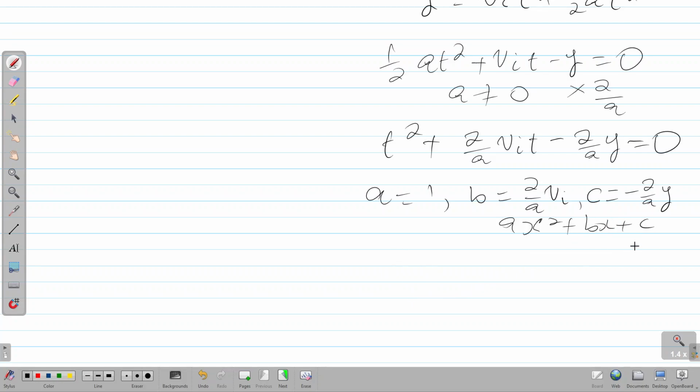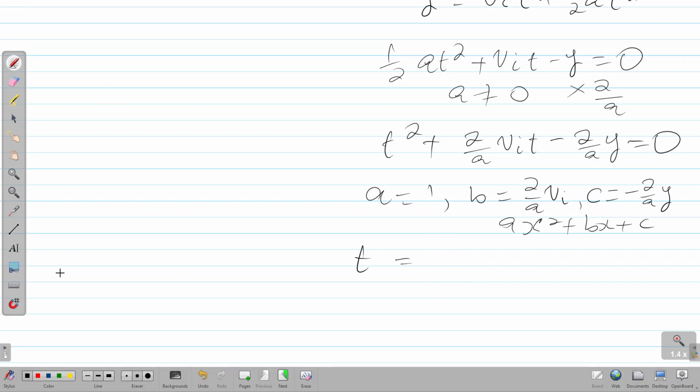So this is from this form of ax squared plus bx plus c. So that is the general form of a quadratic formula. So then what do we have? We have t is equal to minus b, sorry, that's not the case.